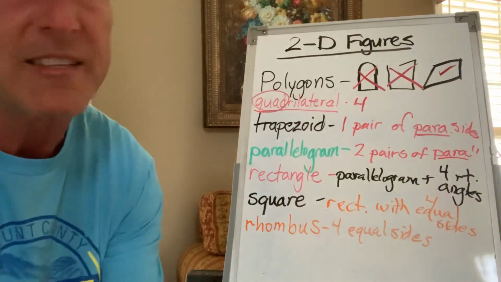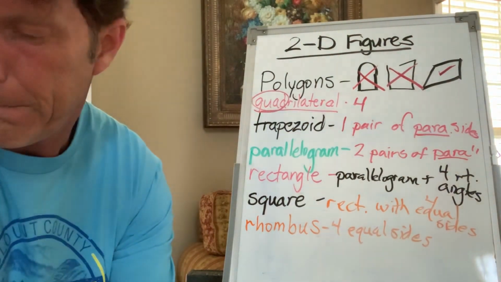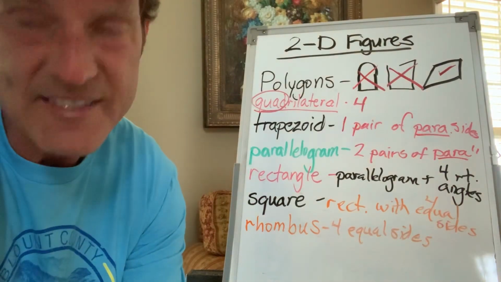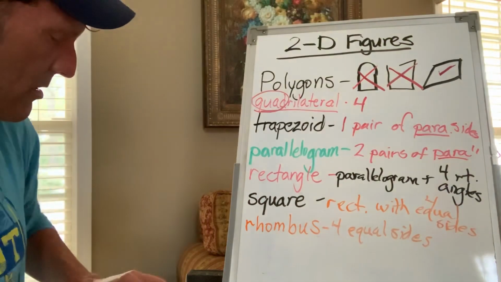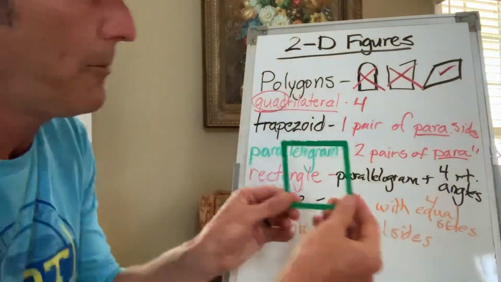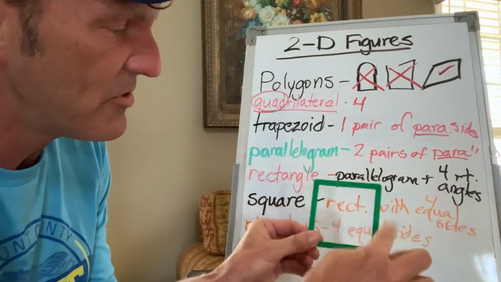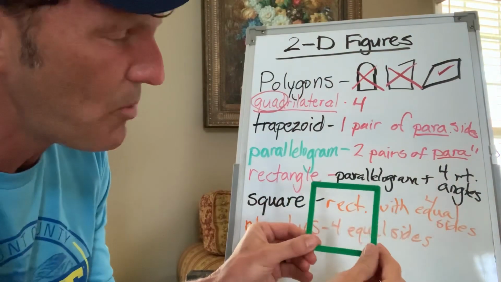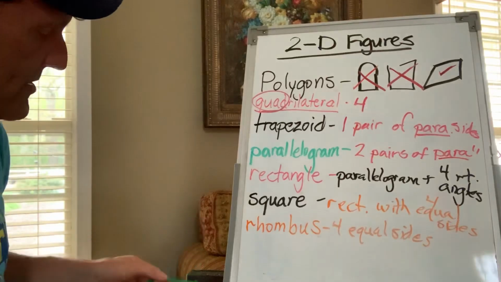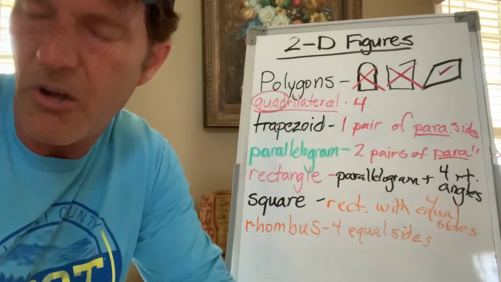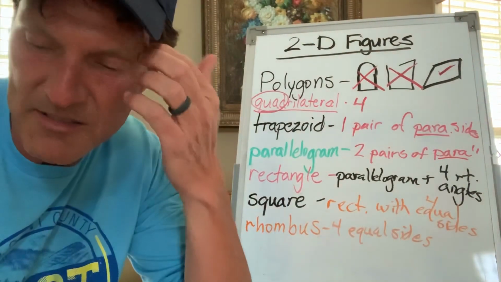Like one of them is, I am a parallelogram, all sides are the same, but I'm not a square. So if I'm a parallelogram, all sides are the same length, but I'm not a square, then I'm a rhombus. So the answer to that one is a rhombus. You'll have to look at pictures and say, I'm not a trapezoid. You have to click on the one that's not a trapezoid.